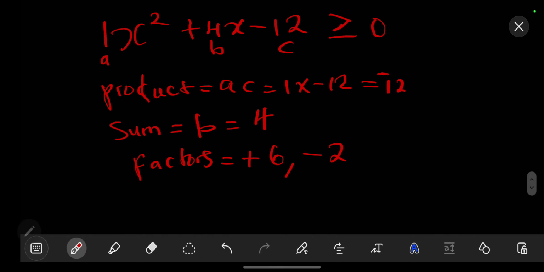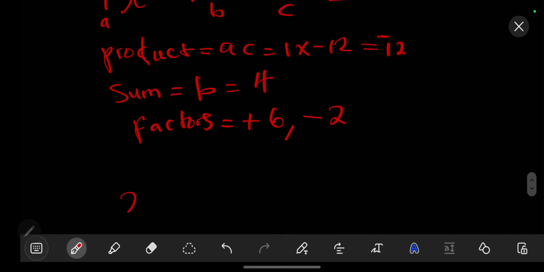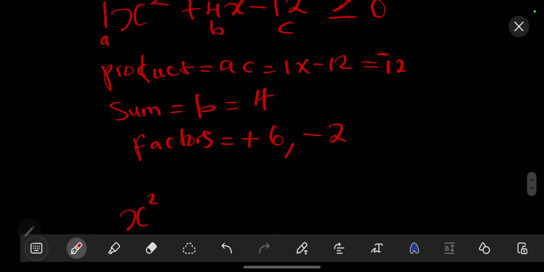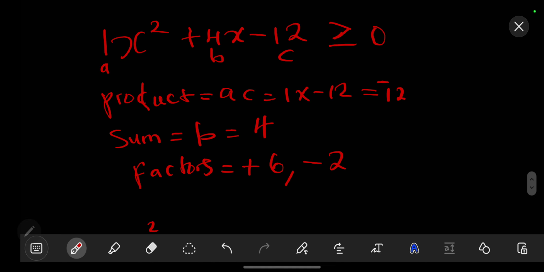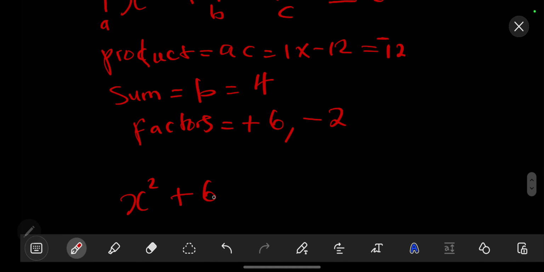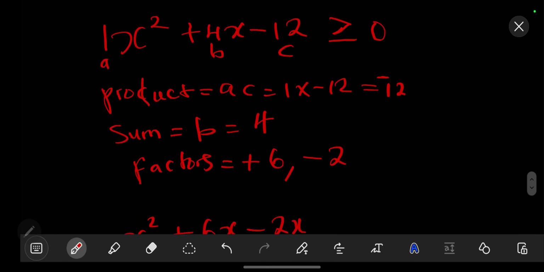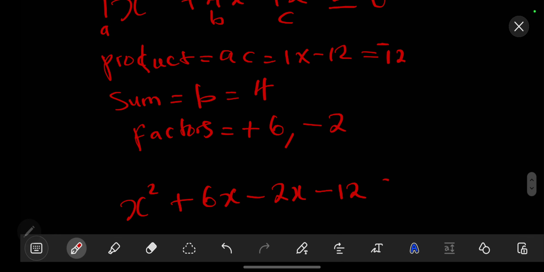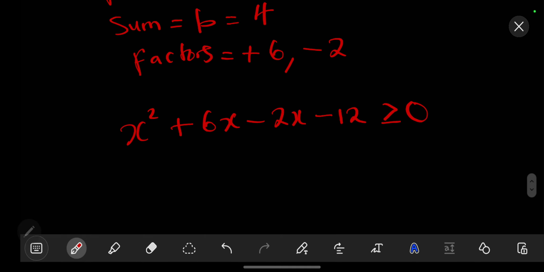So we have our x squared, and when there is 4x, we are going to put 6x, then minus 2x, then minus 12, greater than or equal to 0. Factorizing this, x is common, so we have x plus 6, then minus 2.